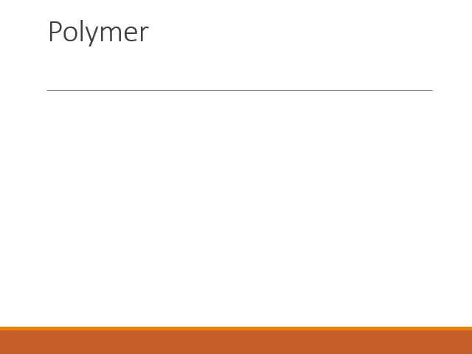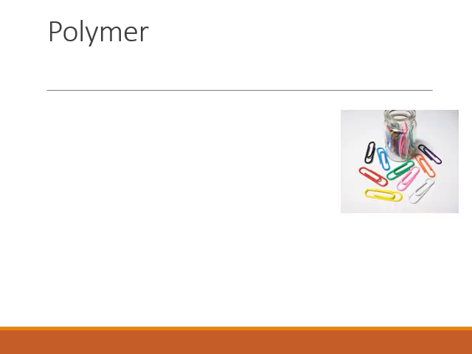Now, to understand how these fibers are made, we must understand a term known as polymer. To understand what is polymer, let's take an example. Say you have such paper pins, and if you join them end to end, what will you get?